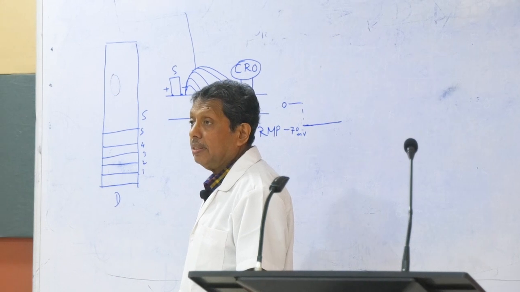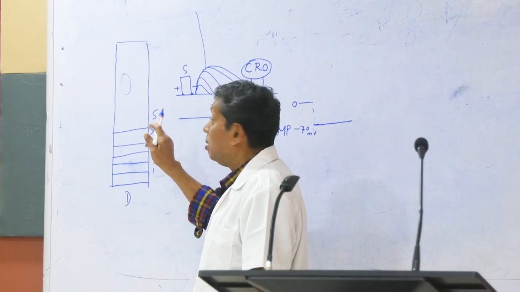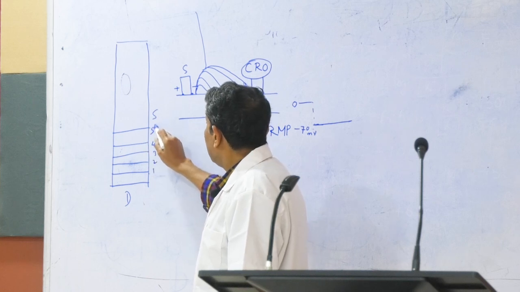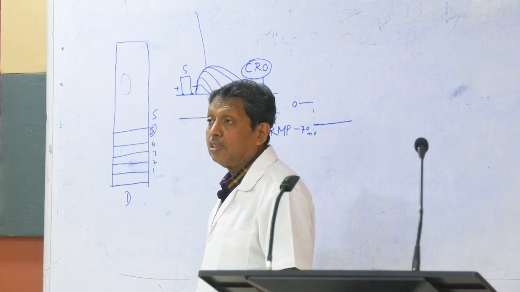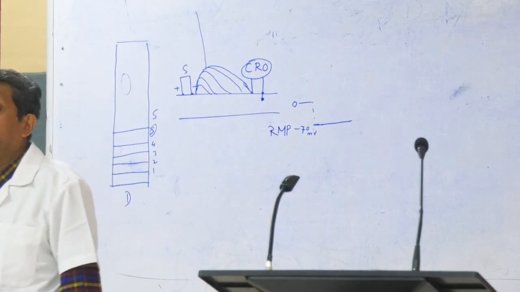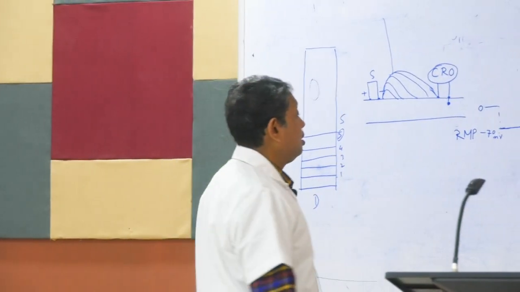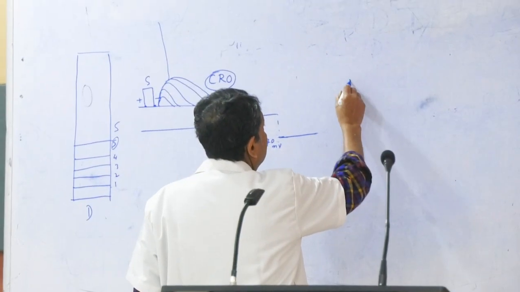There is no change. But when it is close, this stimulus causes the generation of an action potential. It is called the threshold or firing level. Then there is an abrupt change in the membrane potential, it crosses the zero line, and you get this type of response, this type of stimulus artifact.